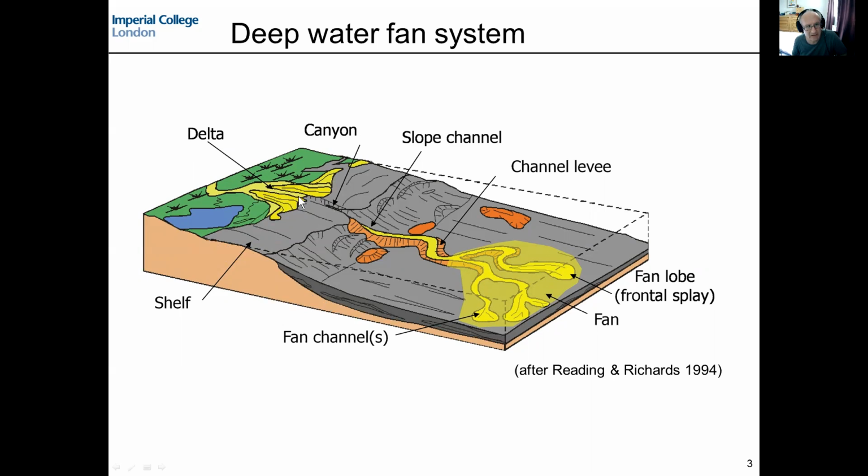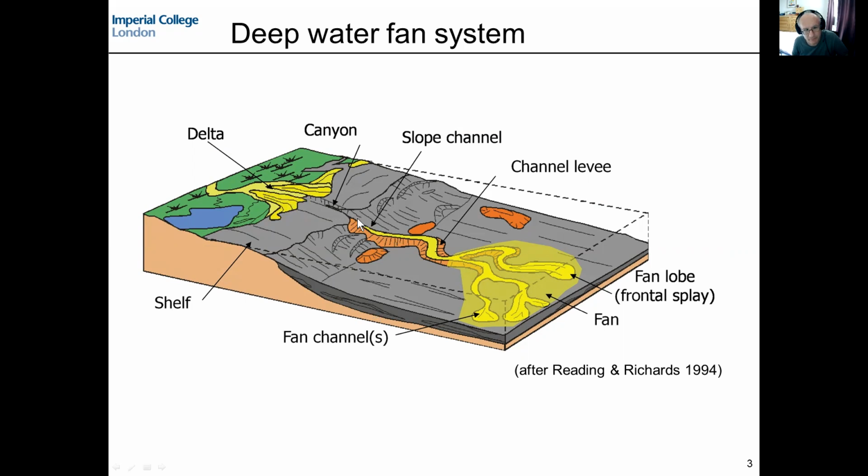That canyon can be connected with deltas or other kinds of shoreline on the shelf. There are also times when those deltas and shorelines build out to the shelf edge. That also helps to promote delivery of sediment to deep water.